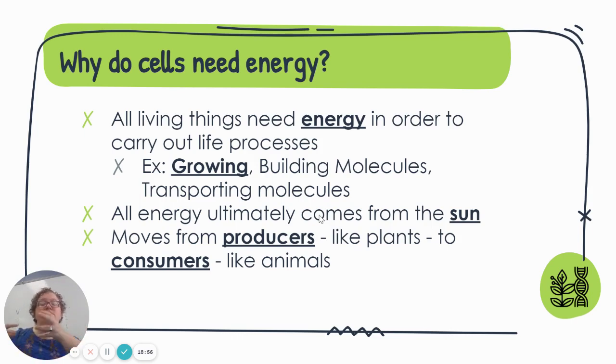Then it's going to go to consumers, which are things like animals. So we get our energy from the things that we eat. Everything that we eat can be traced back to a plant, and then that energy can be traced back to the sun. For example, if we eat a hamburger, the beef came from a cow. Where did the cow get its energy? From the grass. Where did the grass get its energy? From the sun.